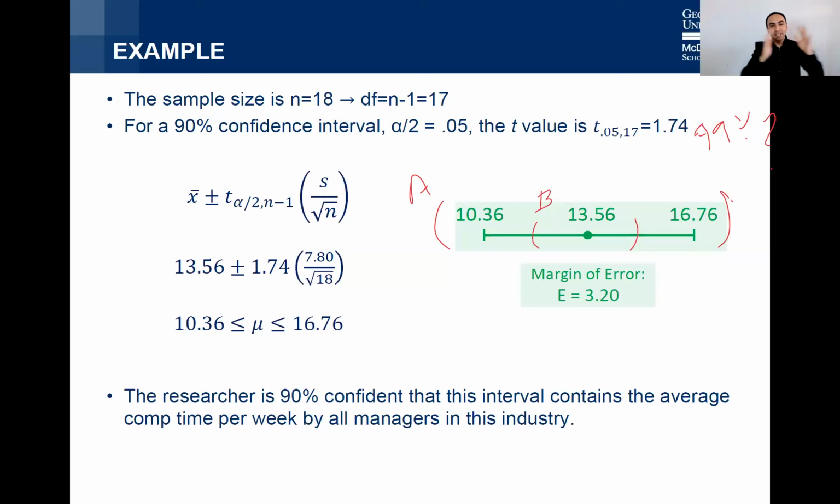So if you really want to be confident, this interval becomes wider and wider because you want more confidence. The price you pay for it is that this range becomes wider, and if it's wider, it's less informative. So where do we stay in that trade-off of confidence and length? That's something that we would discuss. And the most common confidence level is 90%.